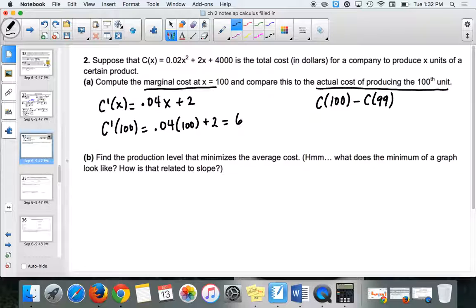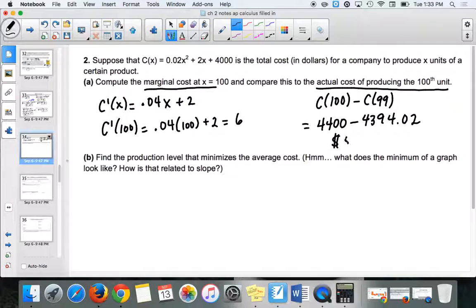So I am going to go ahead and put these in for my table so I can find them quickly. I love the table function, if you guys didn't notice. Find lots of points all at once. So the cost of producing 100 items is $4,400, and the cost of producing 99 items is $4,394.02.